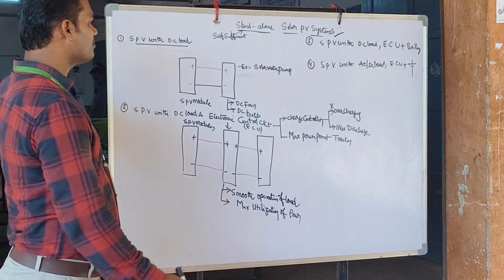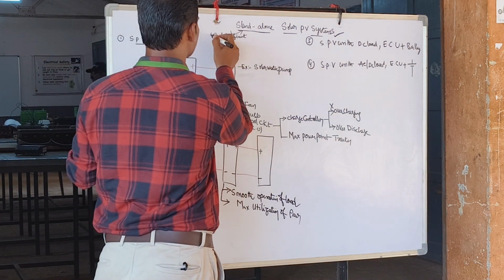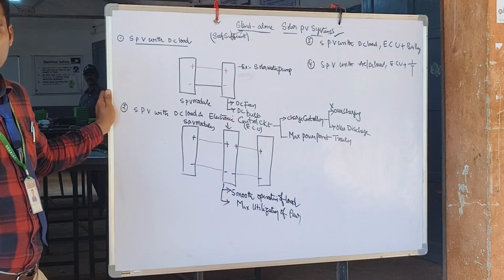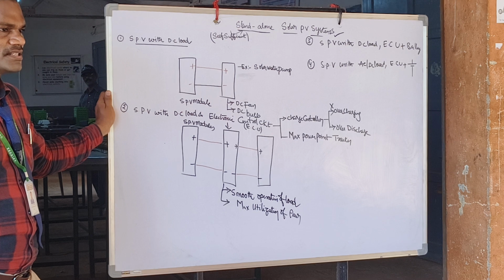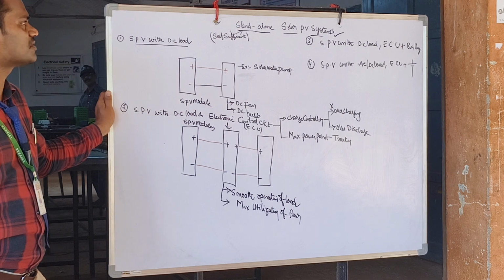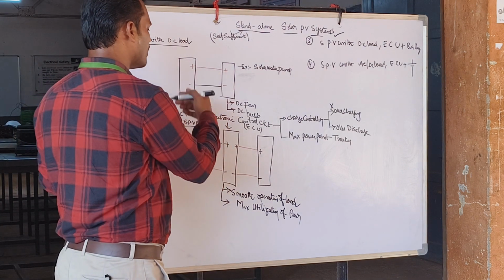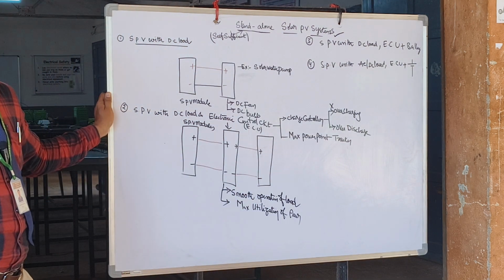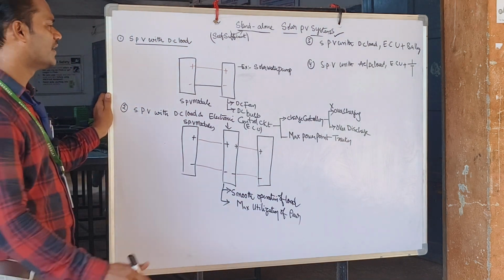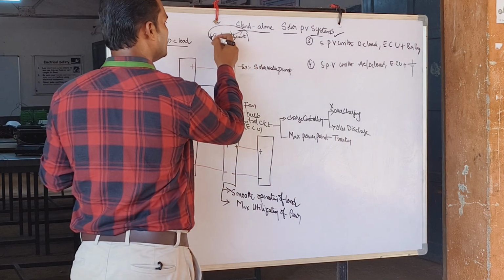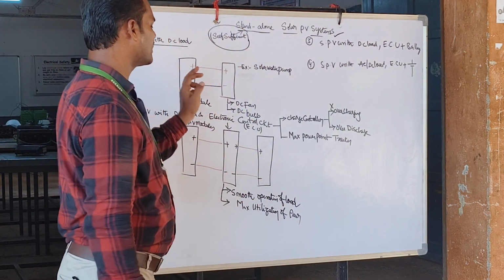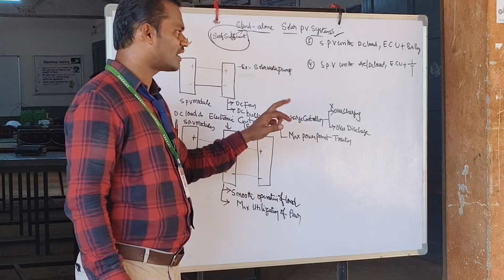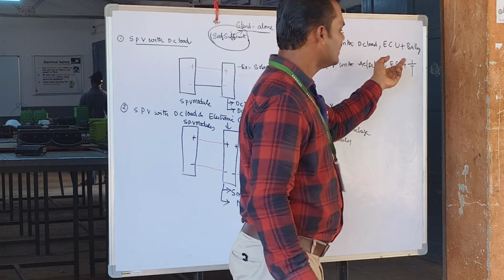Standalone means if anything is self-sufficient of its own design, then it is called a standalone solar PV system. Here we have four types of solar PV systems. These four systems are inherently self-sufficient, and they can happily run DC loads, and AC loads and DC loads.